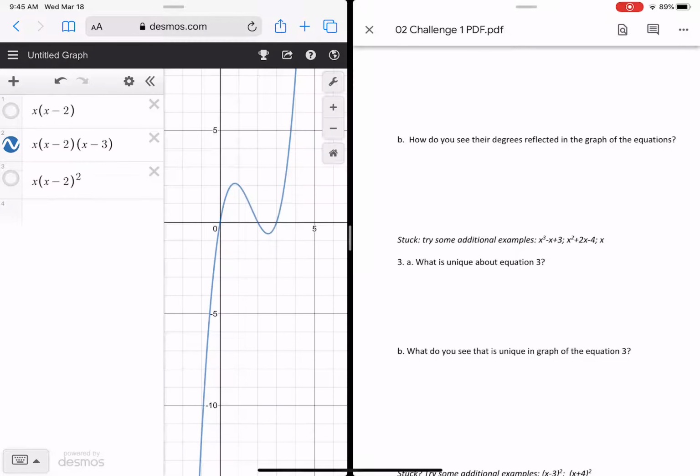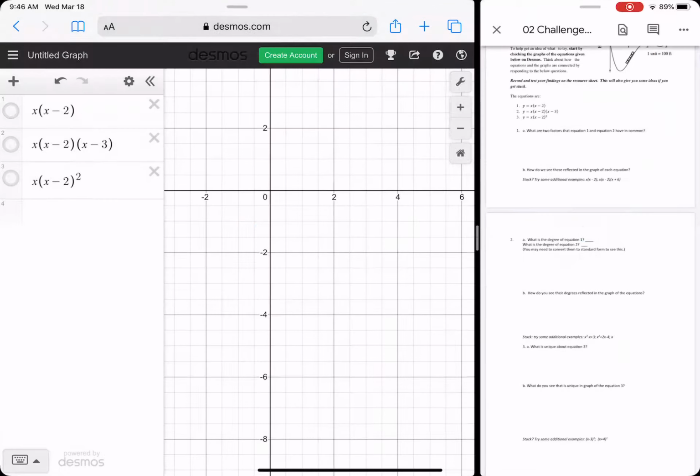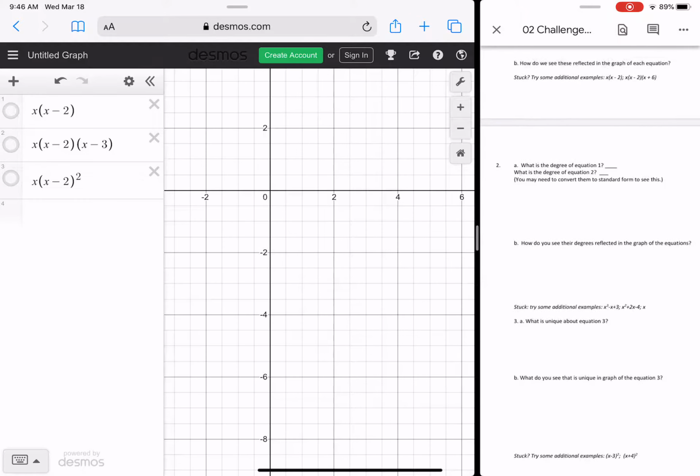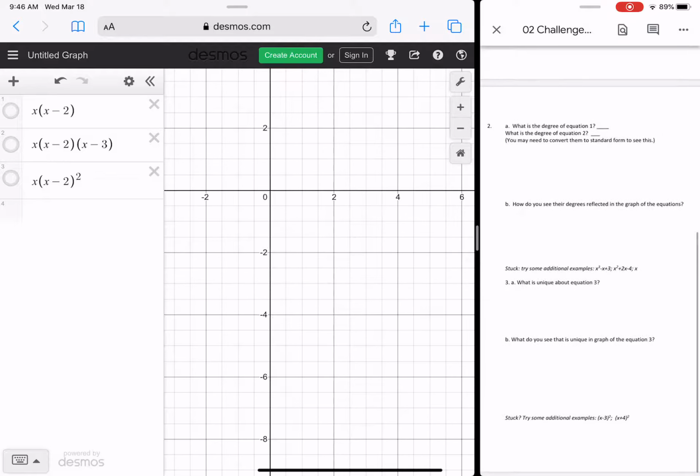Think about what was the degree of equation 2, and look at equation 2. What do you notice? Okay, so you've got to put that in words there, okay? Let's minimize this. All right, let's move on to this next question.